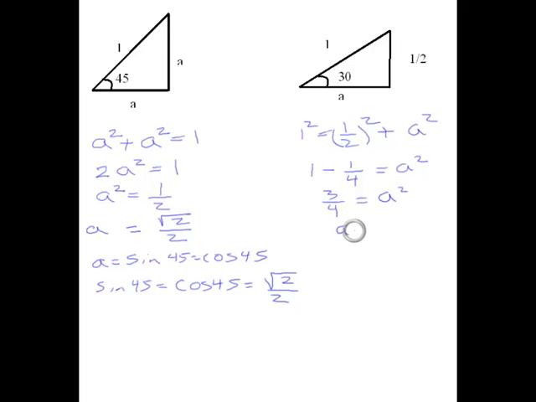Taking the square root of both sides, I get a is the square root of 3 divided by 2. So the cosine of 30 degrees gives me the square root of 3 over 2, which is a, the adjacent side. And looking from the triangle, the sine of 30 degrees is the opposite side, which is 1/2. This gives me both values from my table as well.